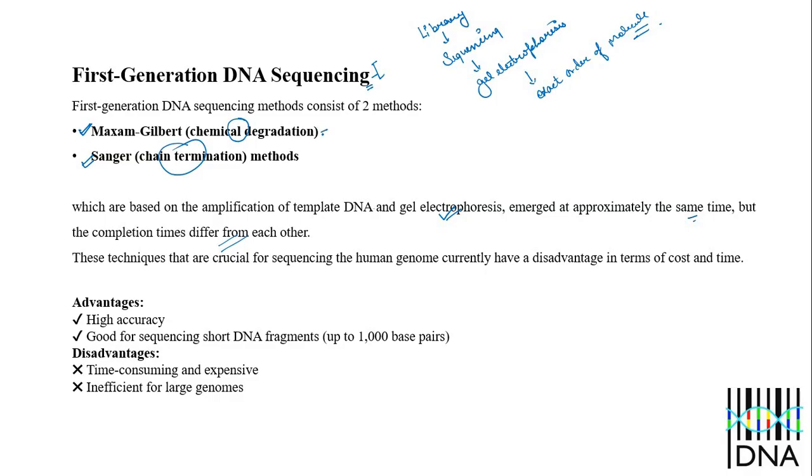In Maxam-Gilbert sequencing, we use some hazardous compounds, which are very harmful for humans as well as the environment. Sanger sequencing is safe, but it is a very time consuming and expensive sequencing technology, and it is not appropriate for a large genome.